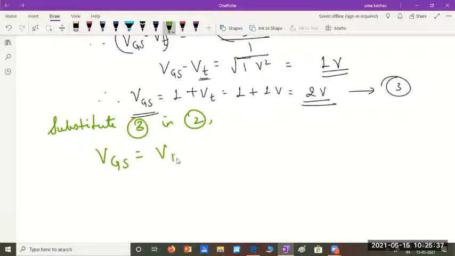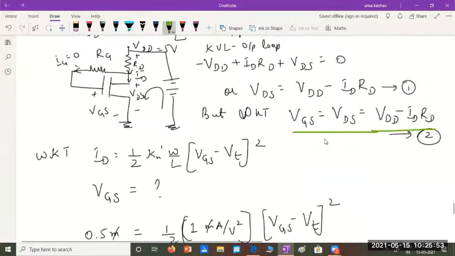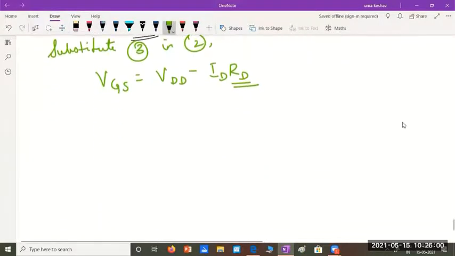VGS is equal to VDD minus IDRD. This was equation 2. Here, you are supposed to find the resistance RD. You know all other values now, right? Initially, we left this equation. We wrote this equation and left because we had what? Two unknowns. VGS and RD were both unknown. But here, now I know VGS. So, can I find RD?